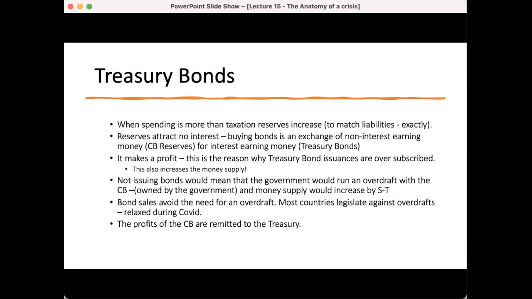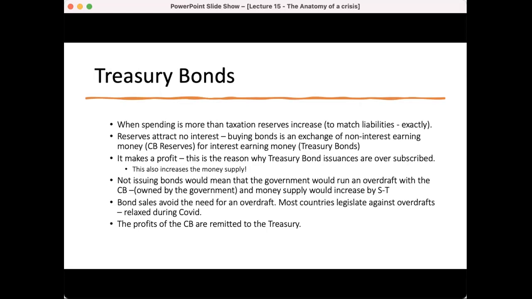Let me just go back to that again. The government spends money on a deficit, reserves are increased. So the reserves are used, therefore, to buy the bonds. So it is the deficit spending that finances the purchases of the bonds in the first place.